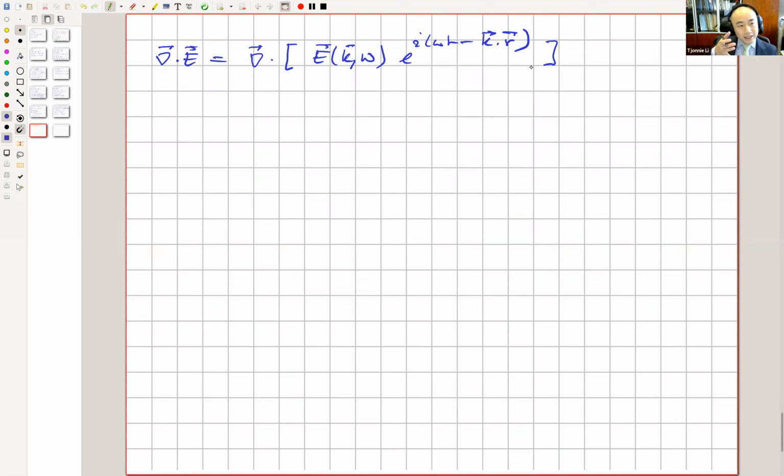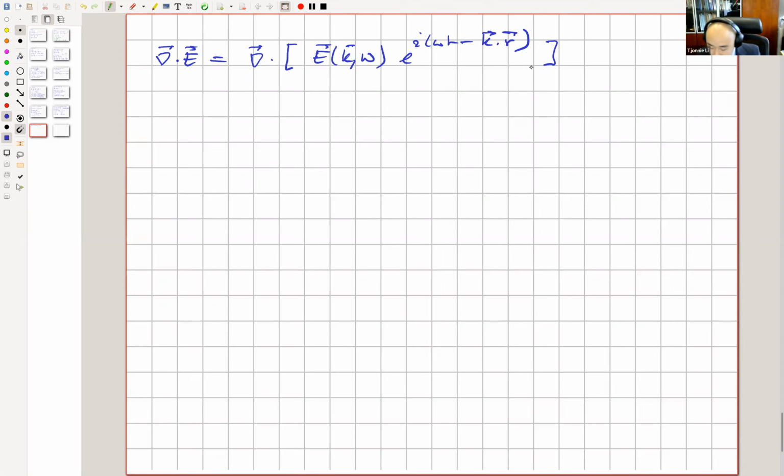Now the divergence is just the derivative with respect to position r. It signifies the rate of change of the outflow as a function of your position.